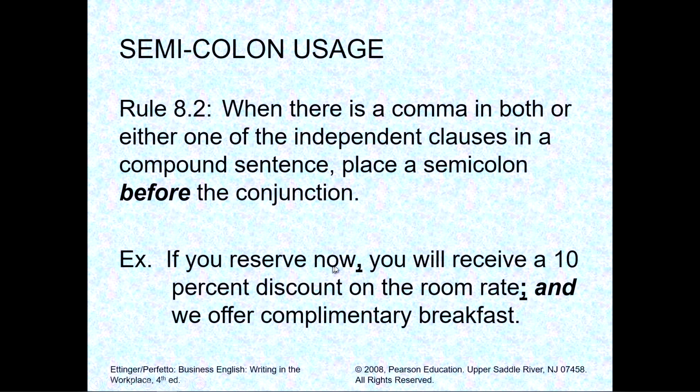If you reserve now, comma, and there's a comma in both or one of the independent clauses like you see here, right? Do not put a comma here. Put a semicolon. A little tougher to remember, no doubt about it, right? And we offer complimentary breakfast. So a semicolon here if you see a comma here. That's 8.2.